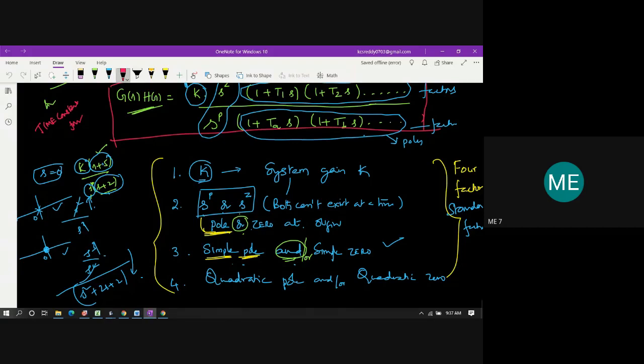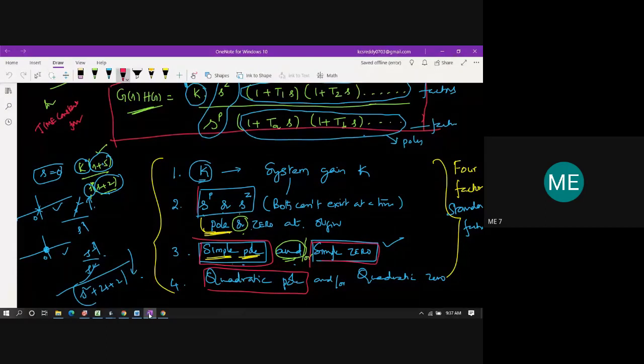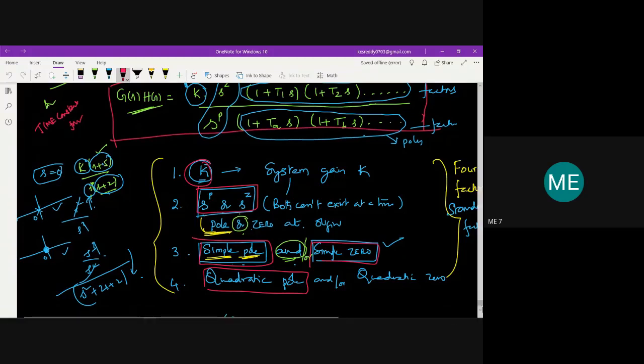Then the simple pole or simple zero. Then finally the quadratic pole. For any open loop transfer function, these are the four factors present. So we'll discuss one by one how to construct the Bode plot for these standard factors.